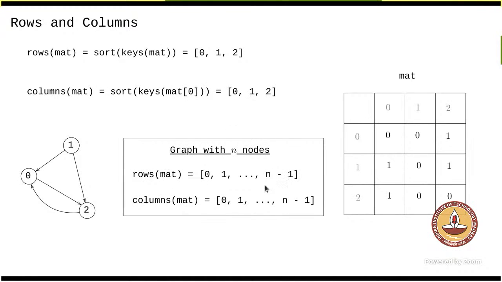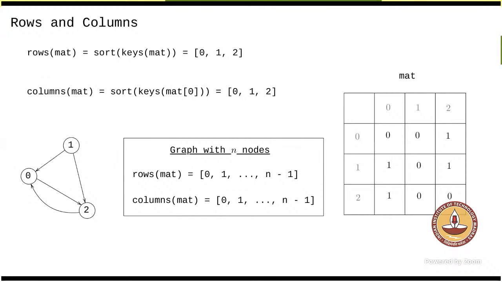Columns of the adjacency matrix will also be the same thing. Is this fact clear? Sometimes we'll use rows of mat, sometimes we'll use columns of mat, sometimes we may even use columns of mat when we should have actually used rows of mat, but it doesn't make a difference because both of them return the same list.